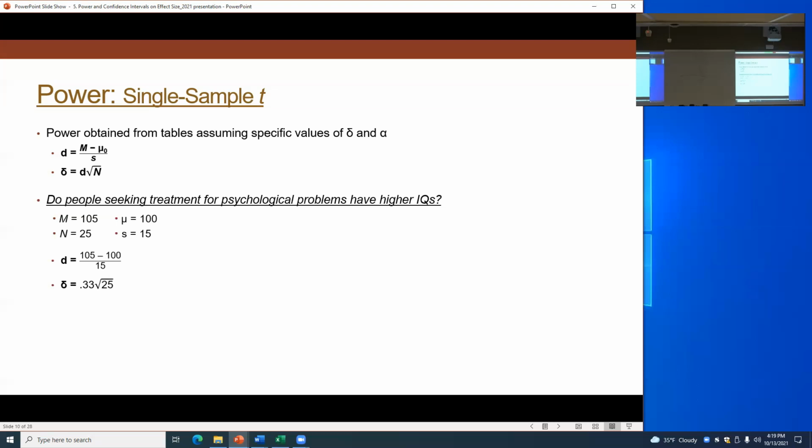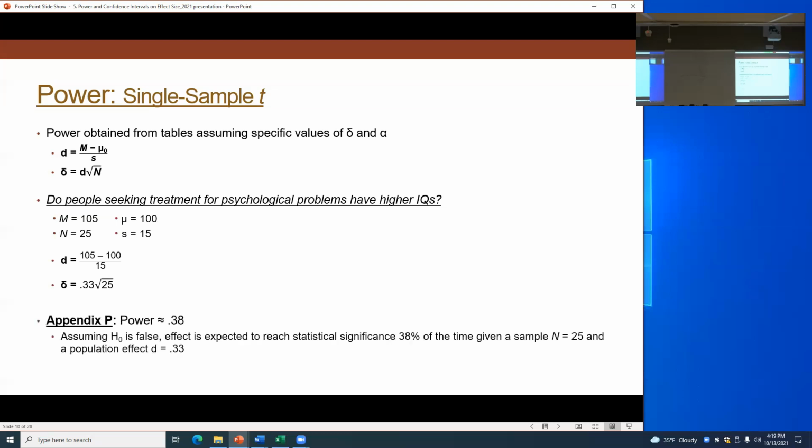That tells me the power of my test. So my power, we'll call it 0.38. Someone will split the difference here, right? We'll say, assuming that the null hypothesis is false, my effect is expected to reach statistical significance about 38% of the time, given a sample of 25 and a population effect of 0.33.